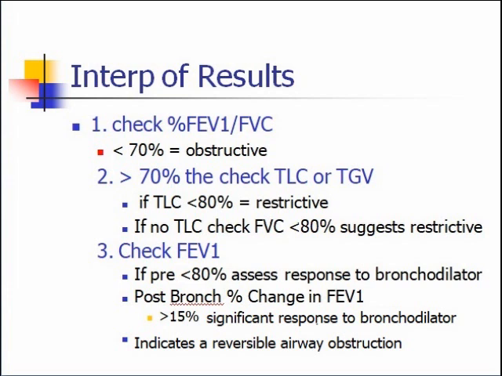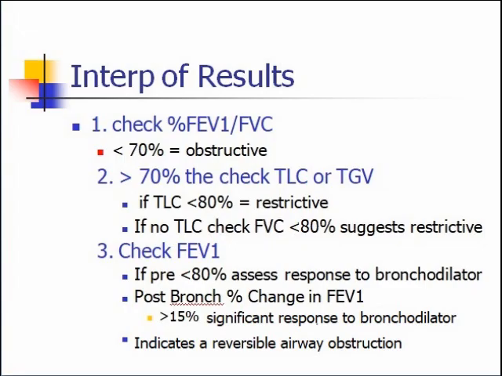Next, the third one to look at is FEV1. If the pre-measurement is less than 80%, then you need to assess the response to the bronchodilator, and if it isn't there, then recommend that it should be done.